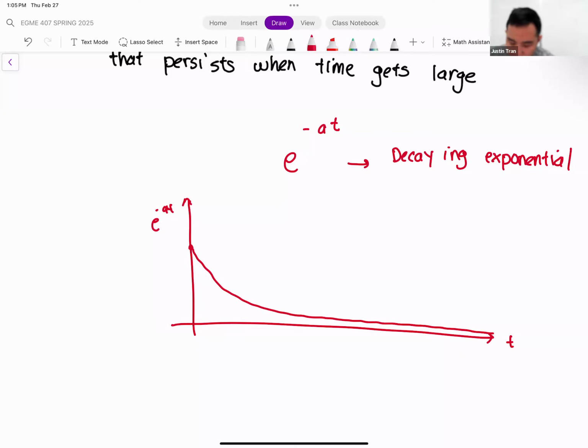And so if you look at the value of this function at large values of t, we can see that the function basically goes down to 0.